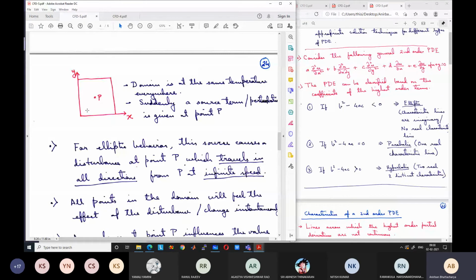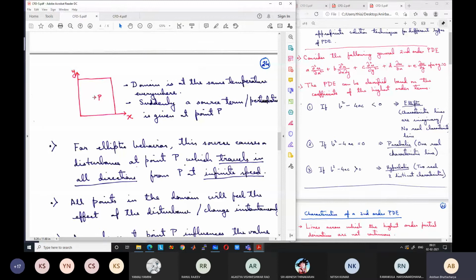Now if you put in a source term or a perturbation, a disturbance at any given location, say we introduce a source term or some change at a point P. At this point P, say we have made the temperature 500 degrees centigrade. The boundary temperature is still 200, but at this point we have made the temperature 500 degrees centigrade.